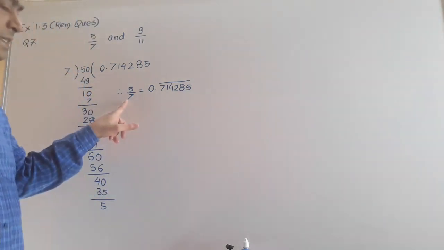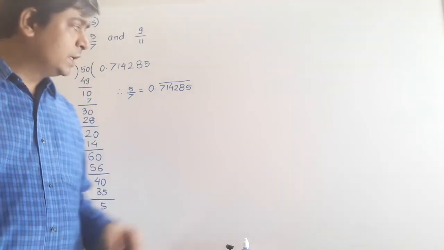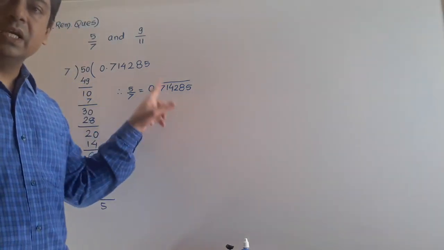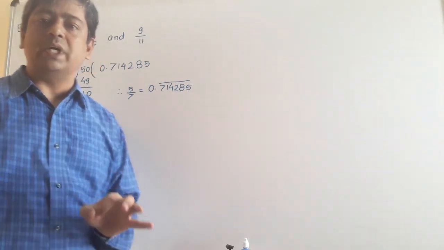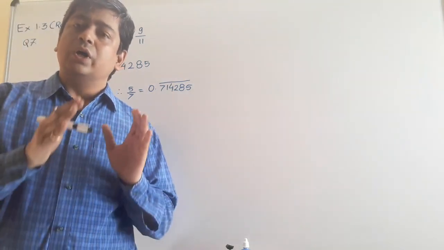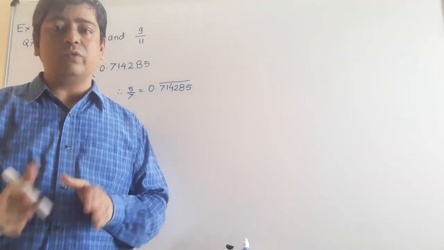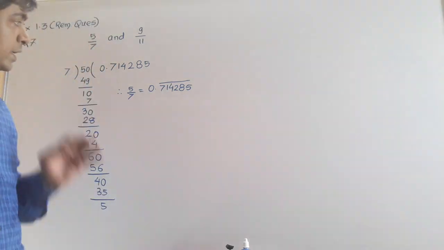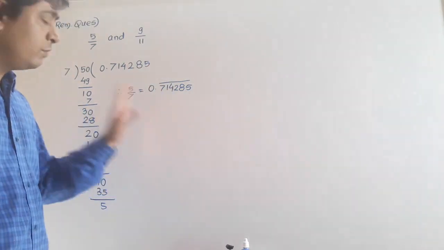So observe here, 7 is coming. It is not a factor of 2, not 5, or not both. So we can say that it is a non-terminating, repeating decimal. So every fraction whose denominator is not in the form of factors of 2 or 5 or both will be 100% non-terminating repeating decimal. Okay, so this is the first one.